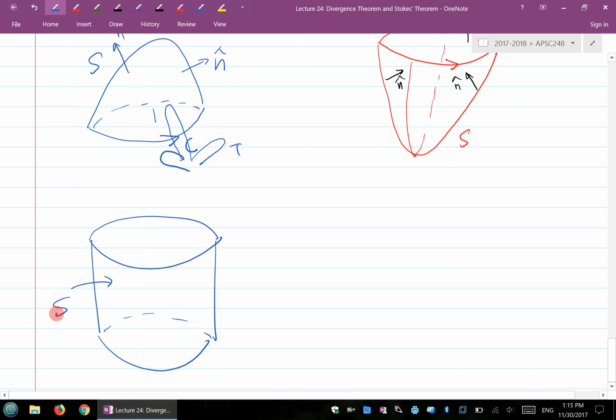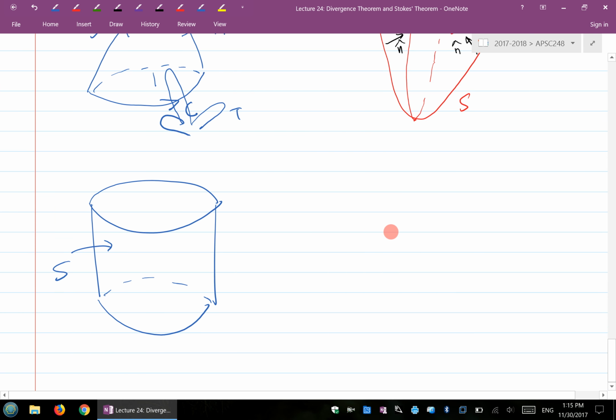How many boundaries does it have? It has this one here, so let's call this C1, and there's another one at the bottom here, C2.